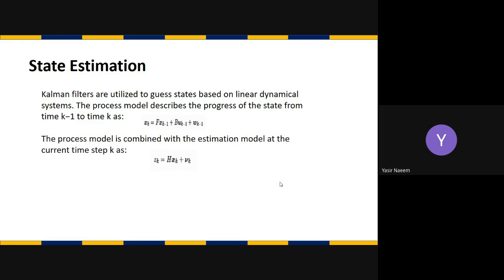As you see in the equation, xk is equal to this, where F is the state transition matrix, B is the control input matrix, and w is the process noise vector. So the process model is combined with the observation model at the current time step as zk equals Hx plus vk, where zk is the observation vector, H is the observation matrix, and vk is the observation noise vector.